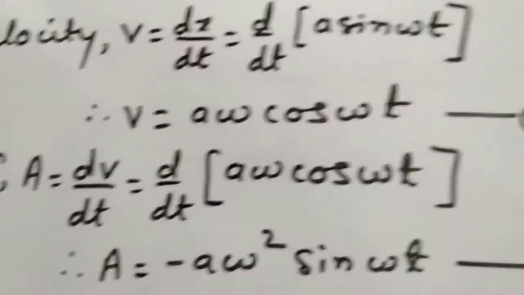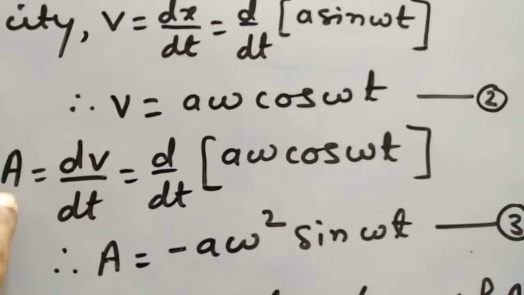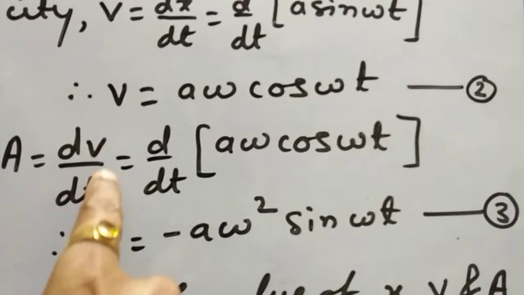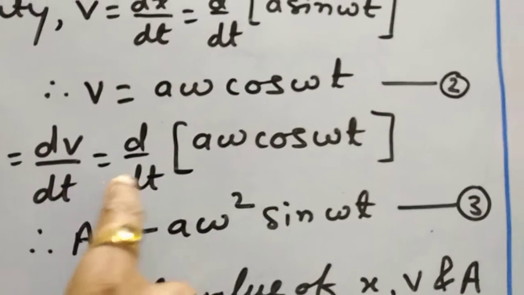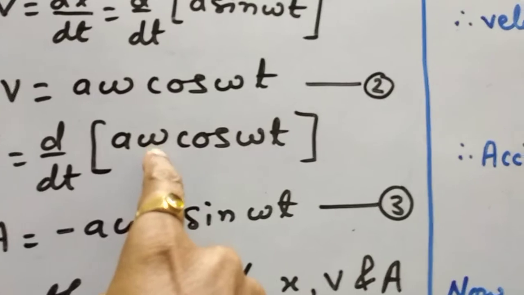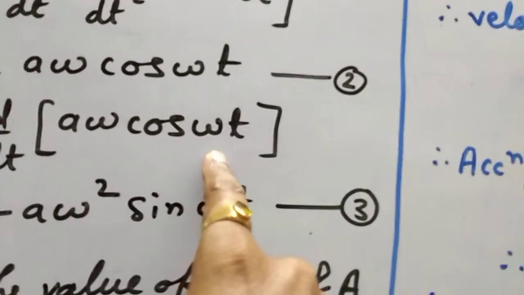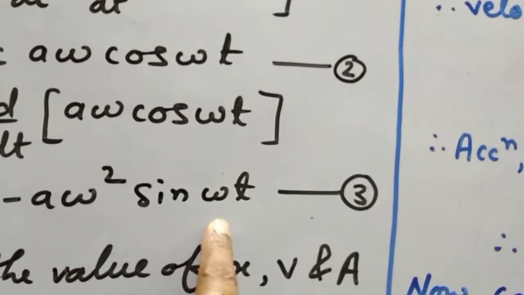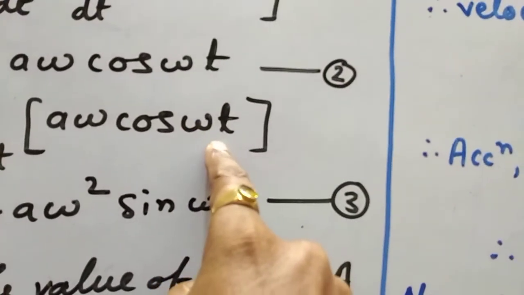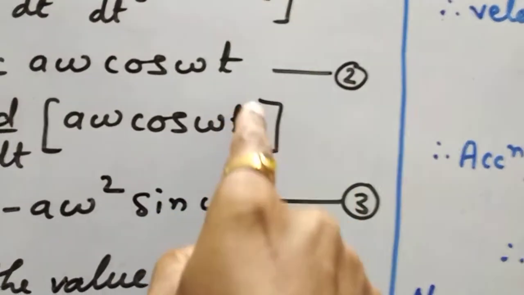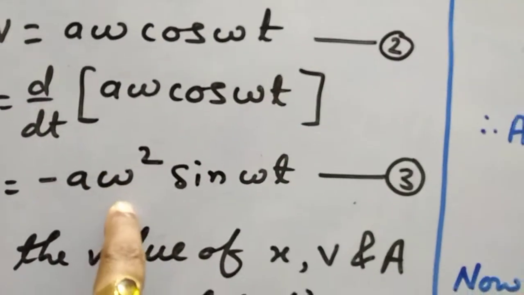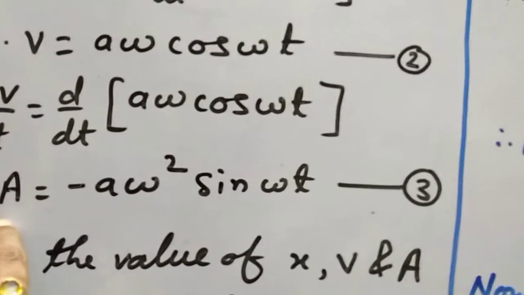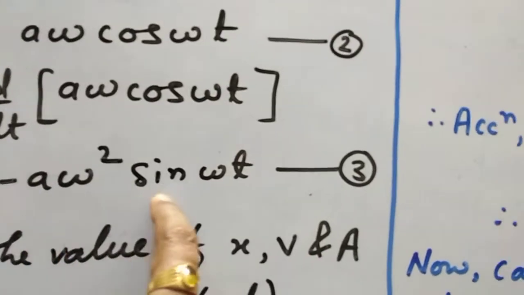Now again, by differentiation, the expression for acceleration is the rate of change of velocity with respect to time, so therefore d by dt of a omega cos omega t. But we know that the derivative of cos omega t is minus sine omega t, and again the derivative of omega t is omega, so therefore omega times omega, omega square. So therefore acceleration a is equal to minus a omega square sine omega t.